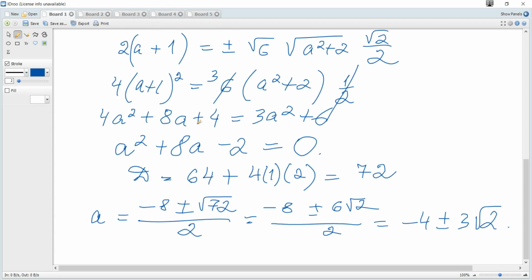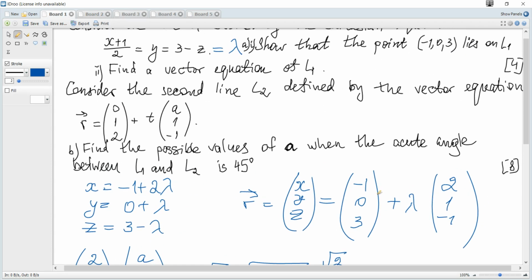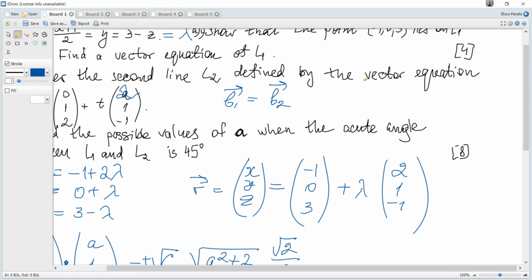So it is given that these two lines have a unique point of intersection, and you can see that if we consider direction vectors, y and z coordinates are the same, and if a is equal to 2, we get that direction vectors are equal, and it implies that two lines are parallel and they may coincide or not, but hence they have no unique point of intersection.